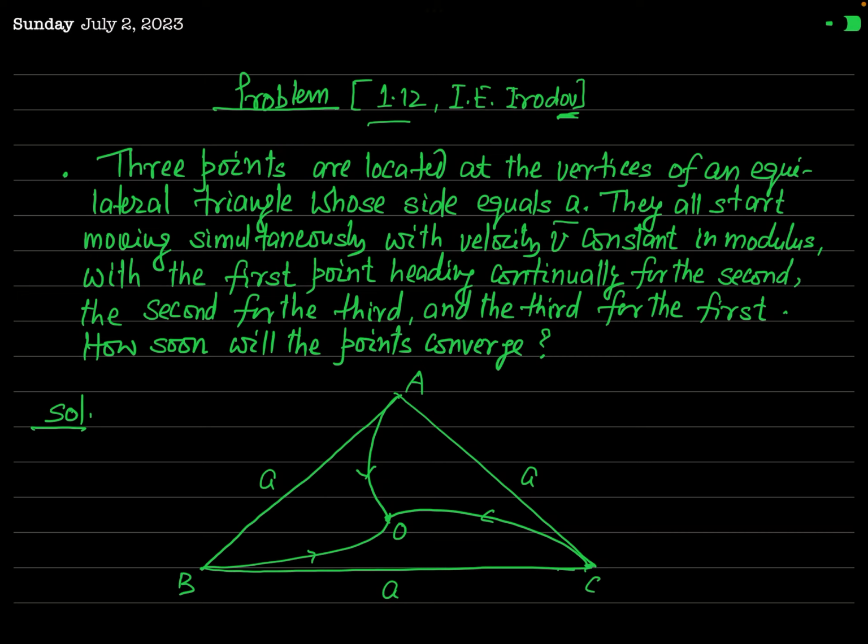You can understand what has been said in this question by this figure. Let us consider that ABC is an equilateral triangle whose each side is equal to A. And at the vertices of this triangle ABC, there are 3 particles, or 3 points. All the particles start moving with a constant speed, which is v.